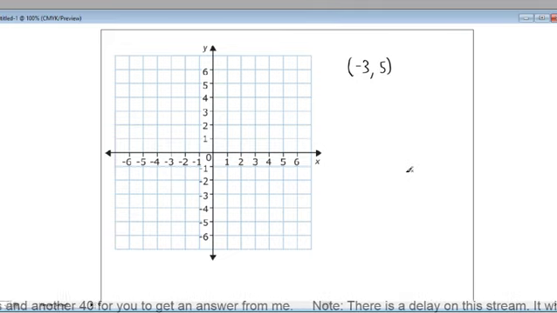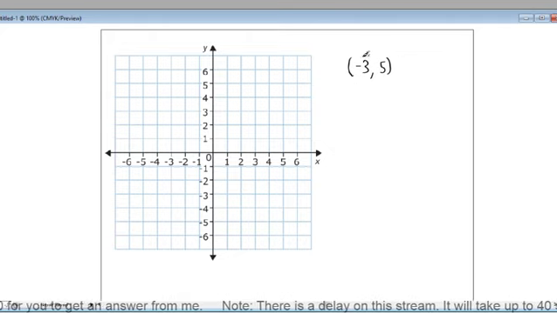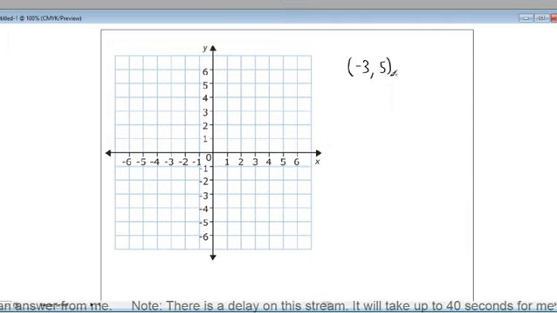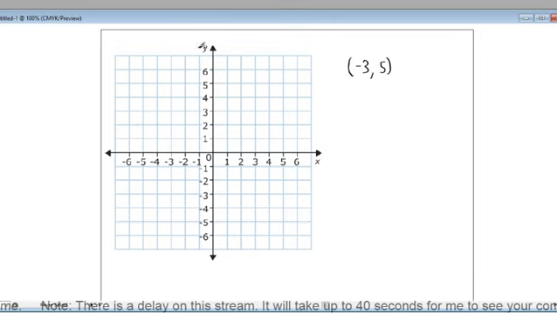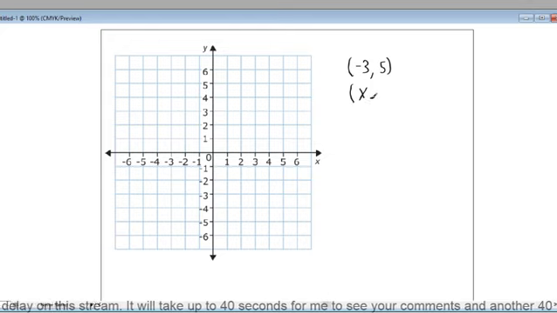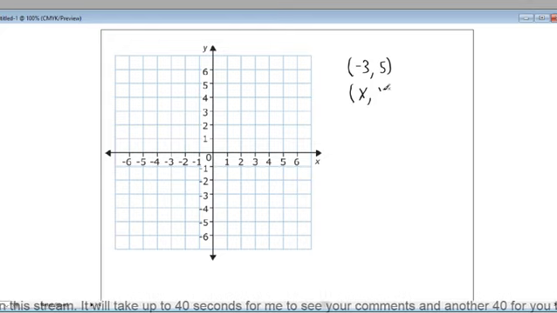What this means is that we have a value of -3 on one of these number lines and a value of +5 on the other number line. Now these are always read the exact same way. And that is that the first number is always x and the second number is always y.